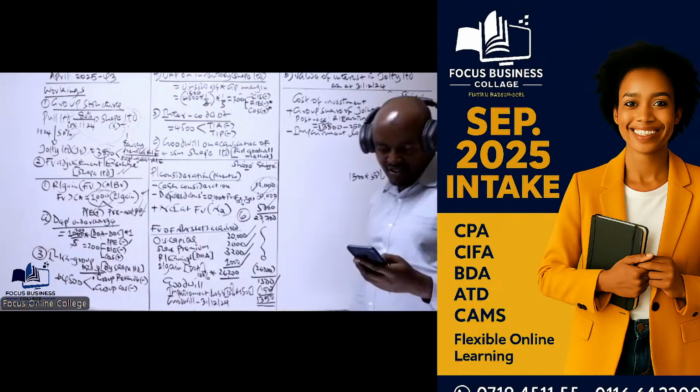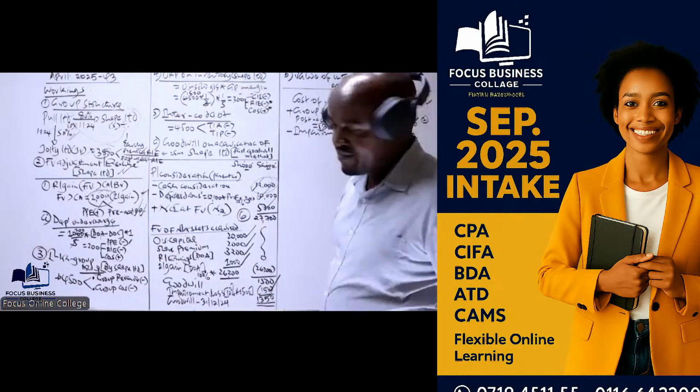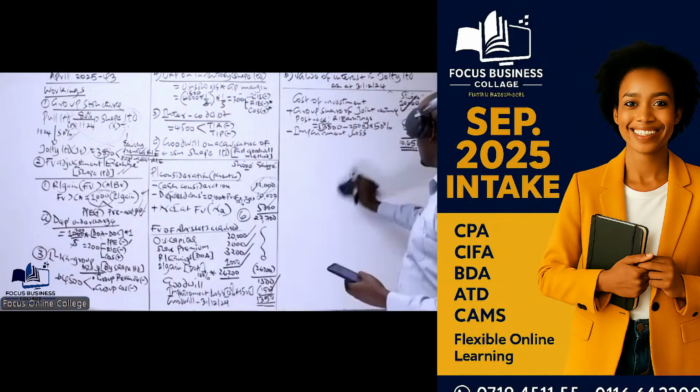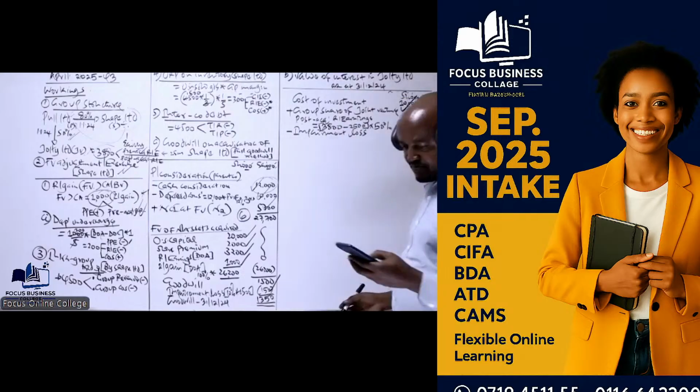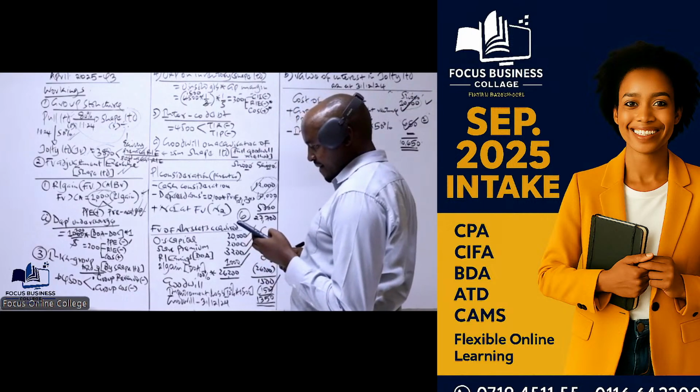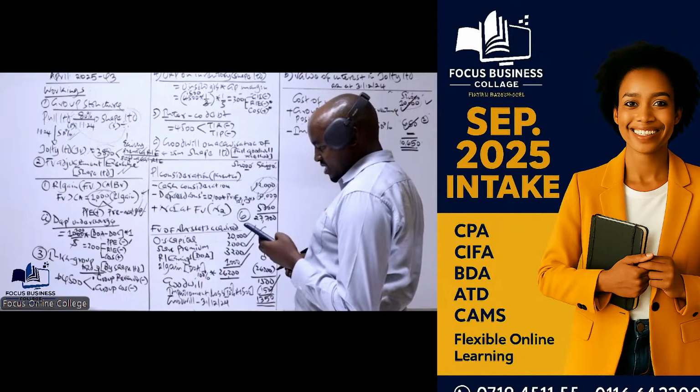So next, we move to part C of the question. What are we required to do? We are required to prepare the consolidated statement of financial position.